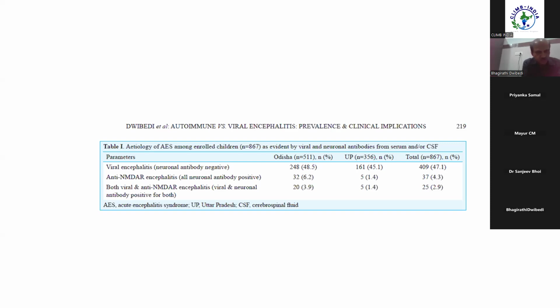Or sometimes it can happen after the viral infection subsides, after some days of viral infection, there is an autoimmune component in the form of a post-infectious possibility. So that is the remaining problem for these cases of viral infections. So what I say is these viral encephalitis cases can have a simultaneous autoimmune expression, or a post-viral autoimmune expression. Next slide.